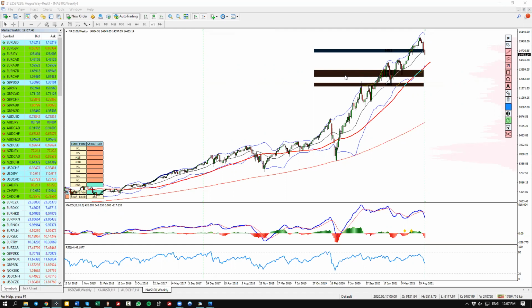So for me, in that case, the divergence in multi-time frame, and the way I find it, I will use my virtual trading pen to draw on my chart. It starts with the weekly, where it's a clear uptrend, and we still have higher highs, higher lows in this uptrend. But this is where it starts to be interesting, when we have high number one and then high number two created.